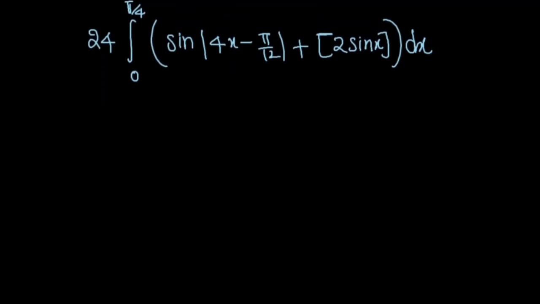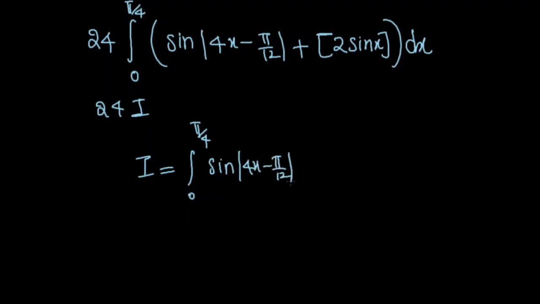First we will consider this entire expression, not the 24 times. Let us consider this entire expression as I. So I equals the integral from 0 to pi by 4 of sine of mod 4x minus pi by 12 dx, plus the integral from 0 to pi by 4 of the greatest integer function of 2 sin x dx.